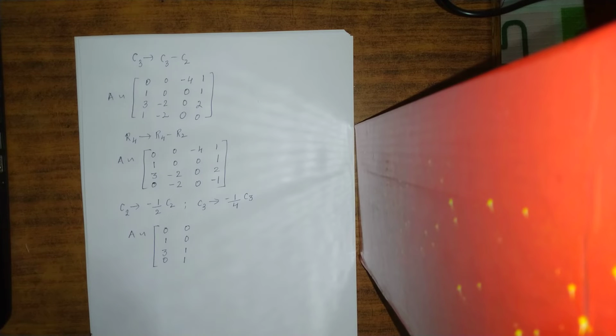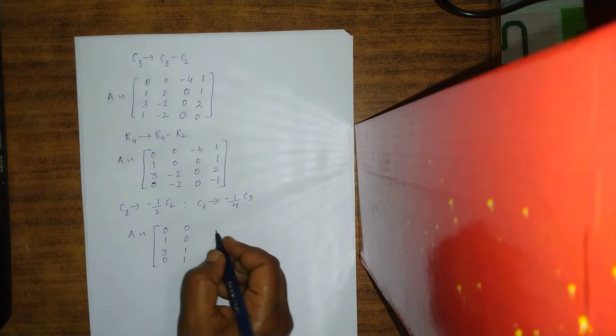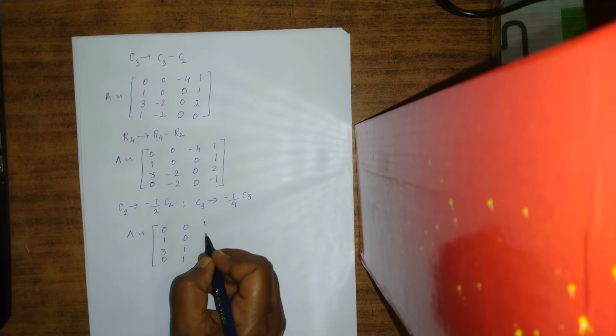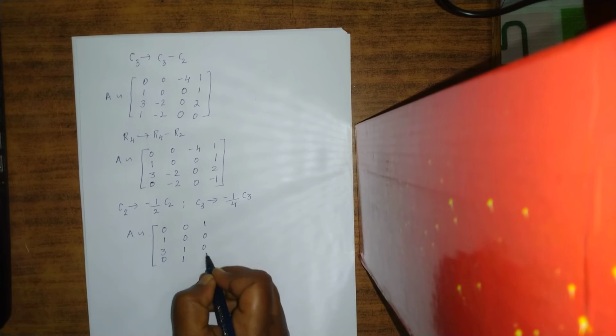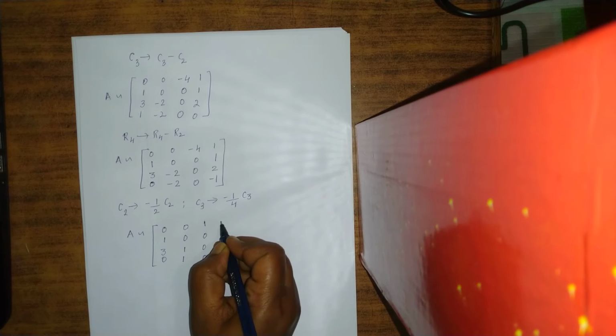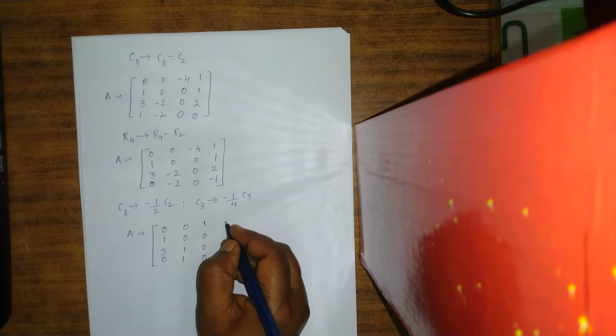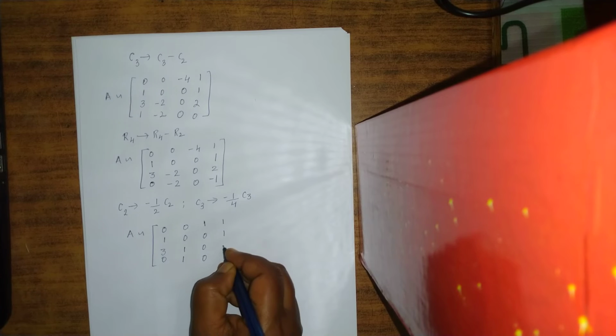Minus 2 by minus 2 becomes 1, 1. Minus 4 by minus 4 becomes 1. And this is 0, 0, 0. And the third column and the fourth column will be as it is, that is 1, 1, 2, minus 1.